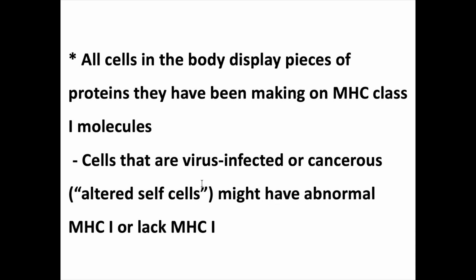We refer to these virus-infected cells or cancerous cells as altered self cells. Again, this is not an external threat coming from the outside world. These are our own cells that have kind of gone rogue and are doing things that they're not supposed to do. So these altered self cells may have messed up MHC1 or not have MHC1 at all.